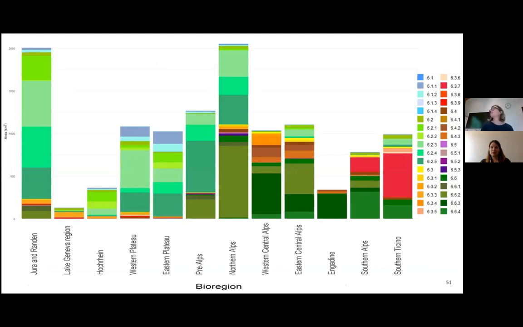That's just a general map of the distribution of our modelled habitat types in the different bioregions.